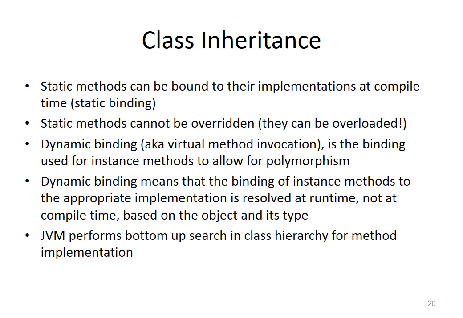Polymorphism applies to objects rather than classes. Static methods can be bound to their implementations at compile time. This is referred to as static binding or compile time binding. Java restricts static methods from being overridden, but they can be overloaded as illustrated earlier.